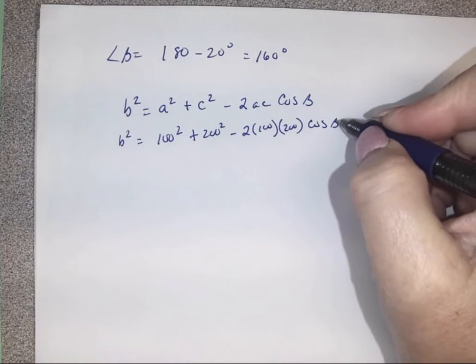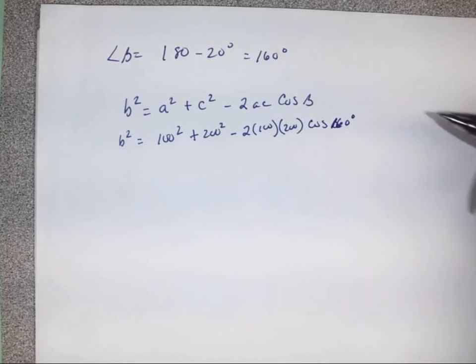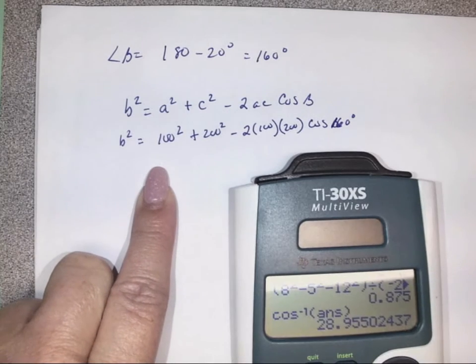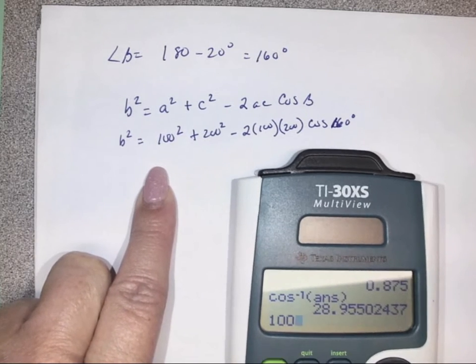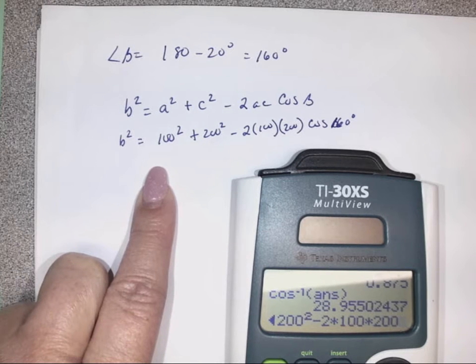All right, so we've got 100 plus, cosine of B. We actually know B, this should be 160 degrees, and we can put all of this in. So we can go put it in our calculator. We will have 100 squared plus 200 squared minus 2 times 100 times 200 times the cosine of 160.